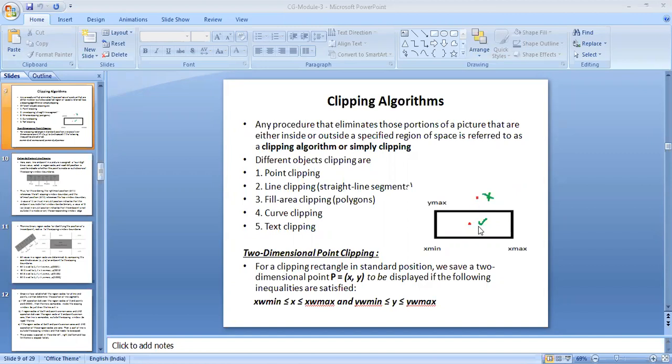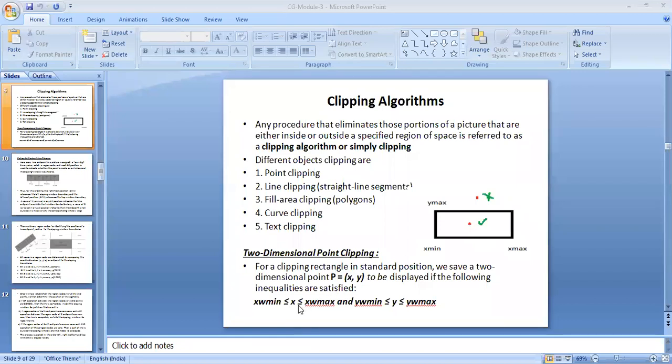Now think of point clipping. What is the constraint or algorithm that I can write for this, where all the points within this window I want to retain, and any point outside the window I need to eliminate or clip? A simple algorithm I can write is this: the point will have an x and y coordinate.